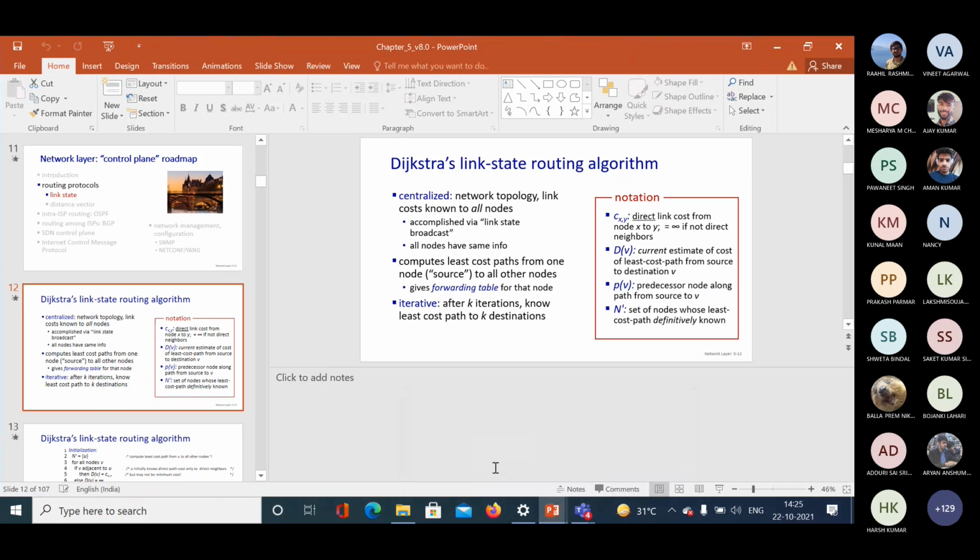When it comes to middle boxes, there's a very good lecture on them. It's a presentation from Stanford University, and there's one more lecture also. I will upload the links of these two lectures on middle boxes.